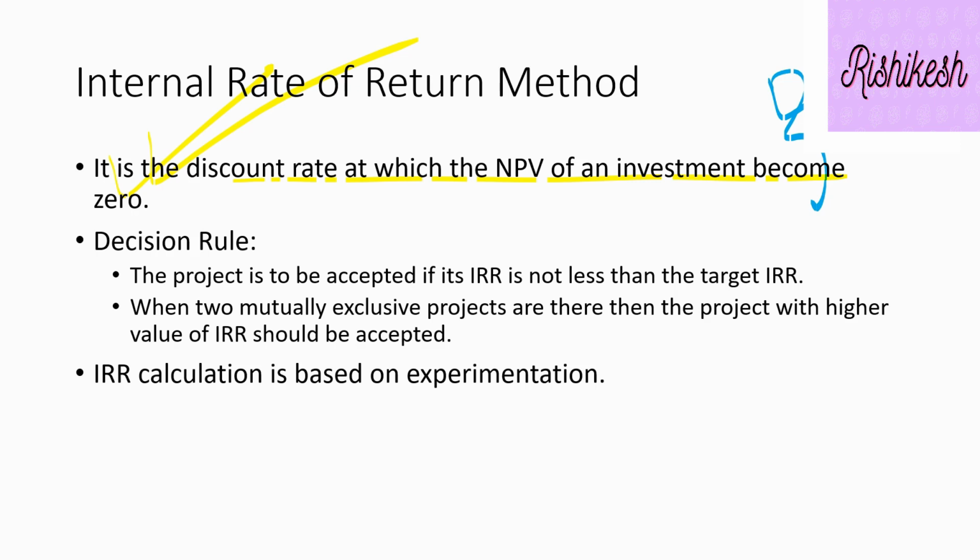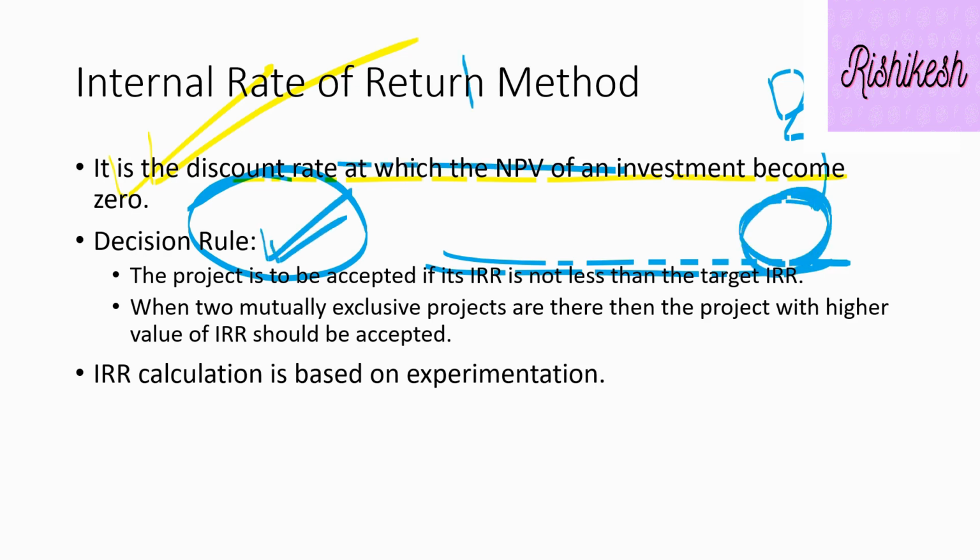You have to keep on experimenting with the discounting factor, and on changing it, you have to find that particular discount rate or rate of return at which the NPV of the investment will become zero. That discount rate will be known as IRR, that is internal rate of return.